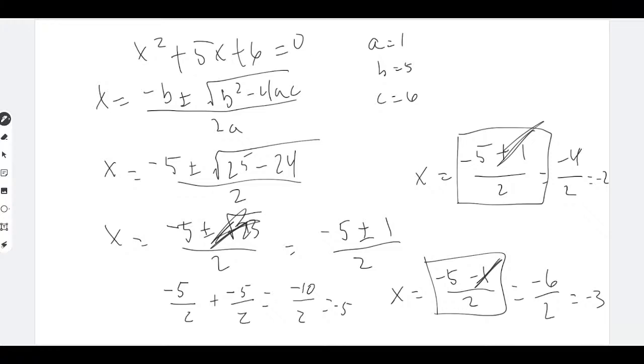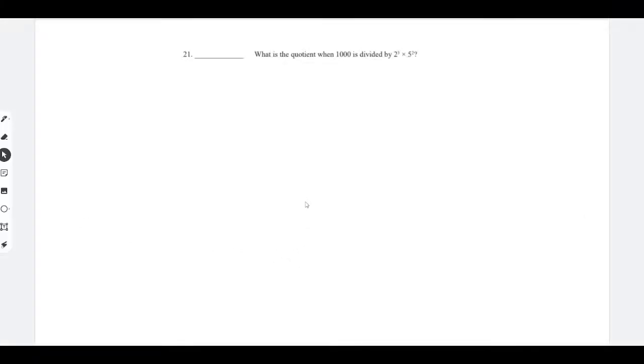This one has the rest of the problems for Sprint of 2017. So it's 21 to 30. Okay, so let's start with number 21. What is the quotient when 1000 is divided by 2 cubed times 5 squared? So do you want to have a try at this one yourself first?